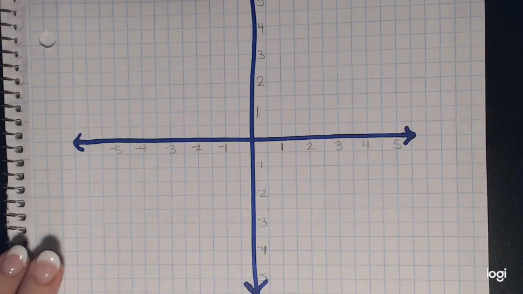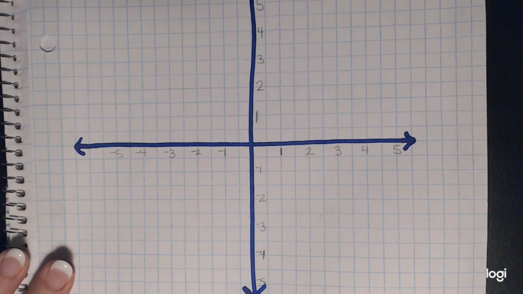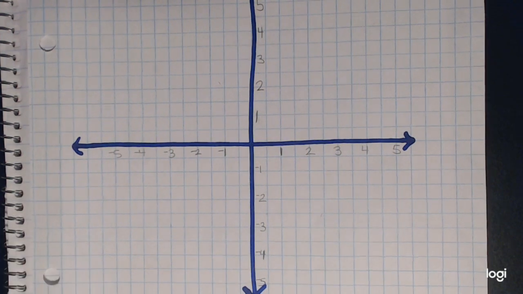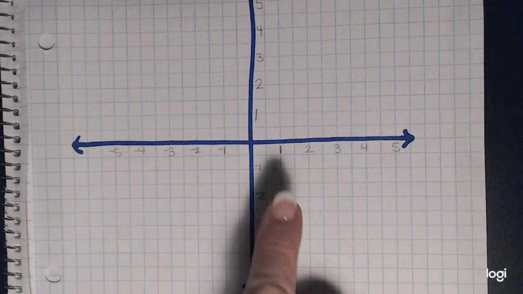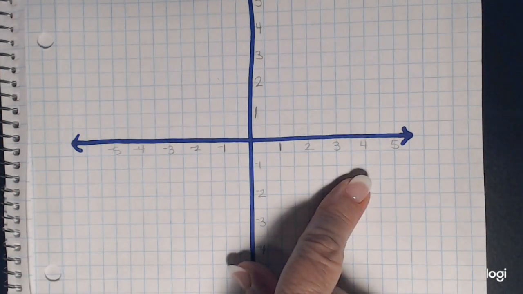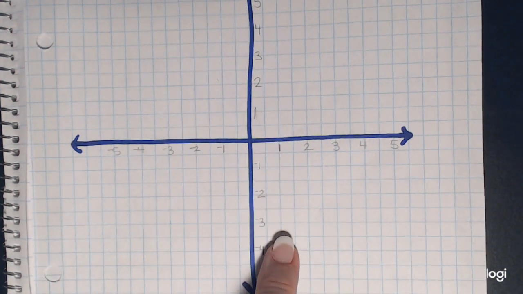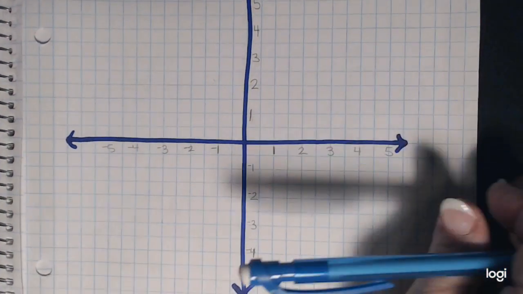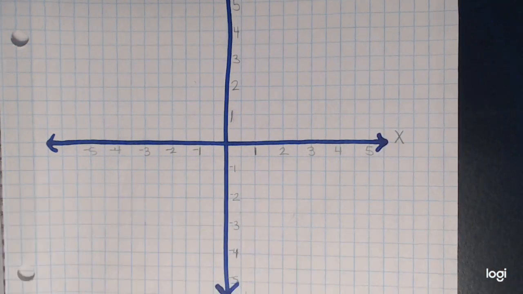All right, so for this next section, I just want you to pay attention, listen carefully, and just follow along. So I have here a coordinate plane that I've made. I put my positive numbers and my negative numbers on my x-axis and on my y-axis. I'm going to label my axis. This is x and this is y.